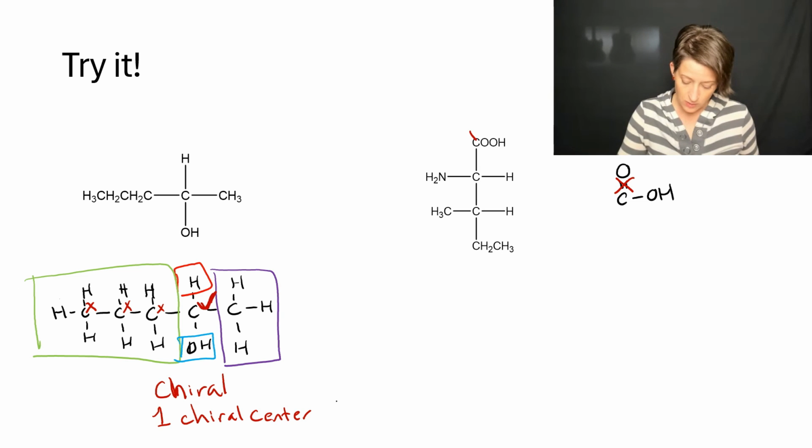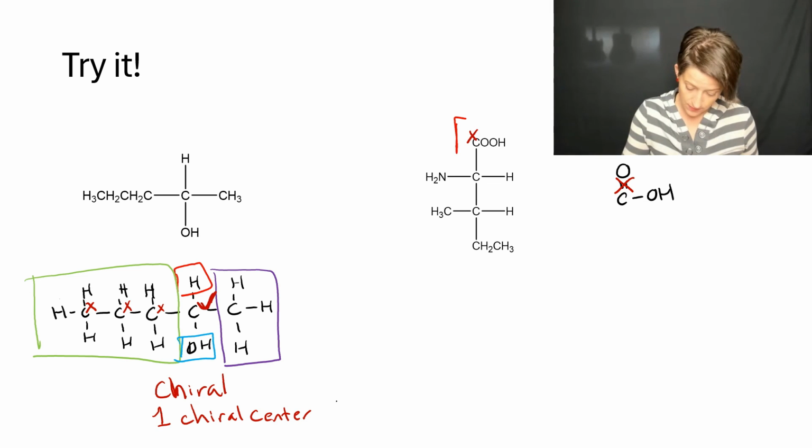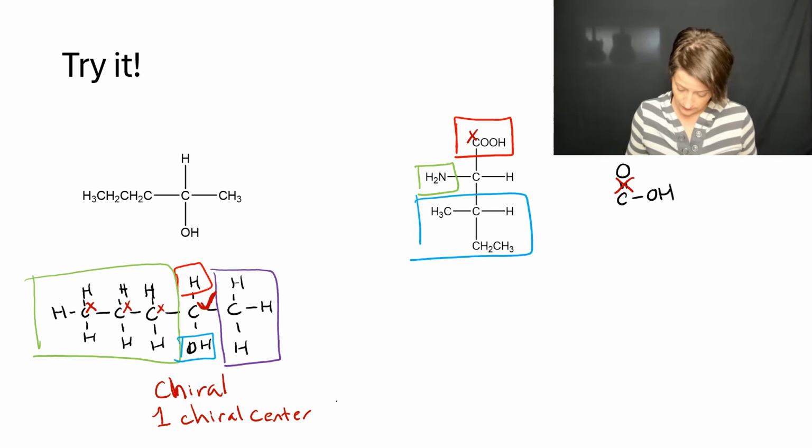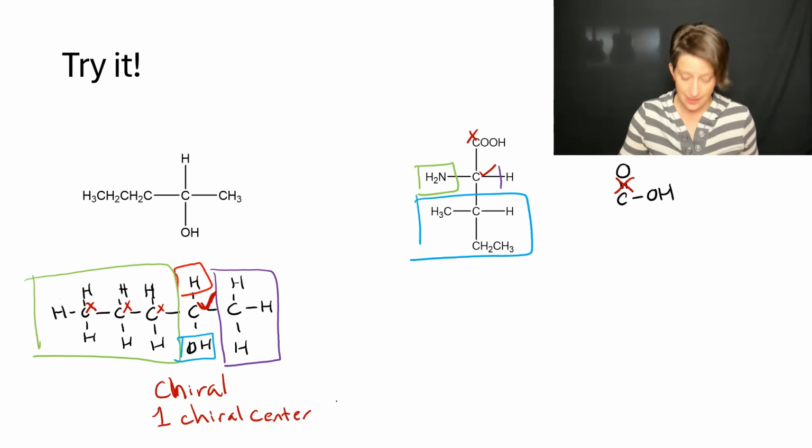So I'm going to ignore my carboxylic acid. Going to carbon 2, I have this carboxylic acid, an amino group, something else, and a hydrogen. Carbon number 2 is considered a chiral carbon.